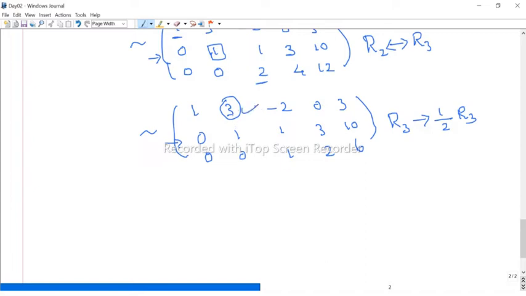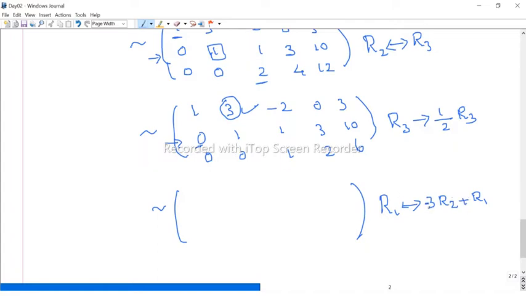Then what do we have to do? Multiply the second row by -3 and then add it to the first row. So I am going to replace the first row by R1 - 3R2.